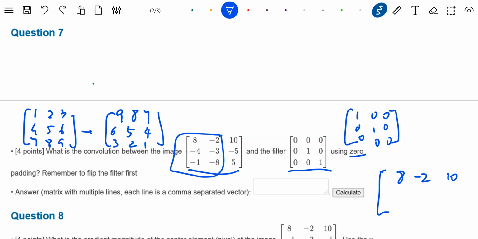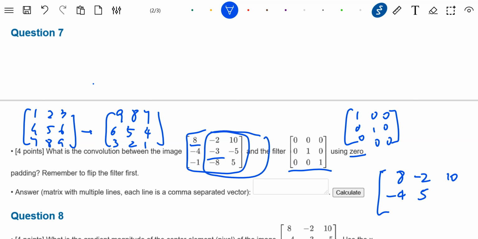So for the first element it's still -4, but for the second one it's completely on top, and it's 1 times 8 and 1 times -3, so that will be a 5. I think you can see the pattern. This is 1 times -2, 1 times -5, so it's -7.